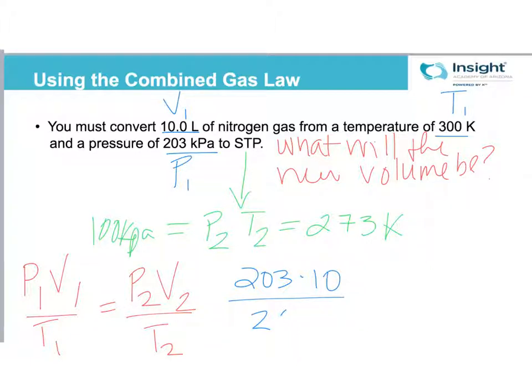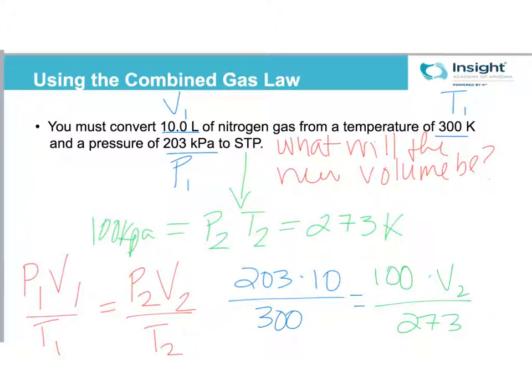That's the actual temperature there. And that's going to be equal to, I know P2 is 100. I need to solve for V2. And my new temperature is 273.